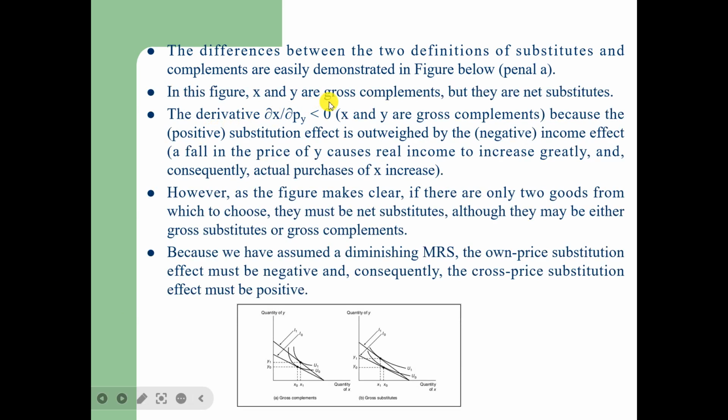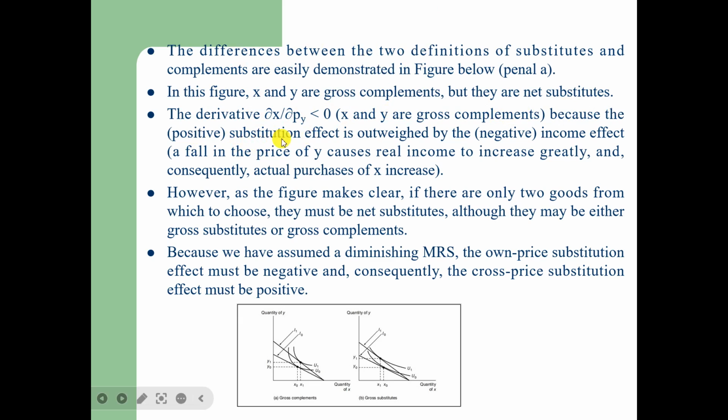In this figure, X and Y are gross complements, but they are net substitutes. In this panel A, by the definition that we presented earlier, X and Y are termed as gross complements, but they are actually net substitutes. The derivative, partial of X with respect to price of Y, is negative, so X and Y are gross complements.